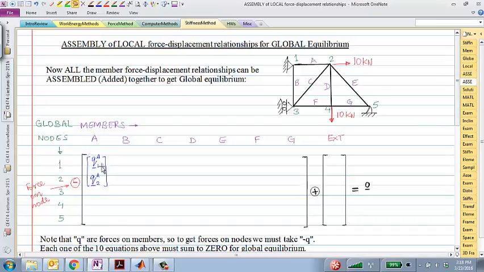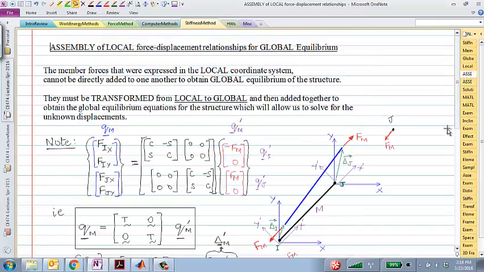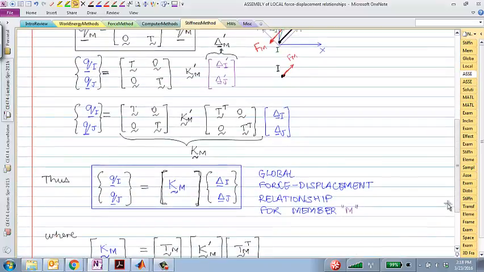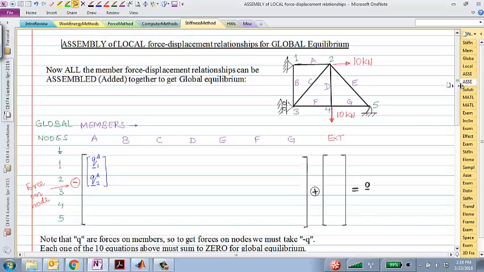These two things are exactly what we had on the previous page, Q1 and Q2 for a particular element. And similarly for element B, it would be connected to nodes 1 and 3. So I would add that to QB1 and QB3.